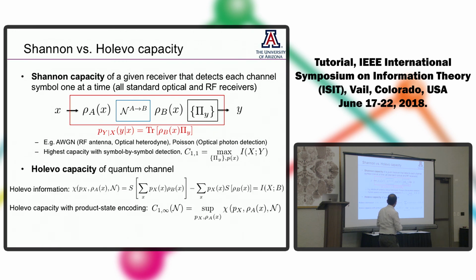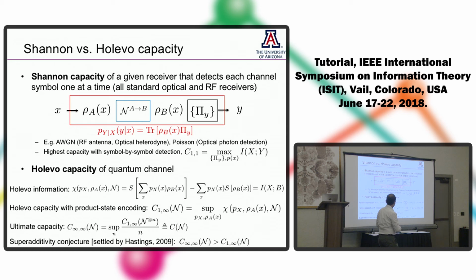Okay. So this is where we were, and I just told you that the Holevo capacity, which is C1 infinity, which is what we are going to work with, can be calculated over just the one-use quantum state at the output of the channel. We don't have to worry about the measurement part being collective over many channel uses. So that's very, very convenient, and that's why we were able to get that nice formula for the two-state case.